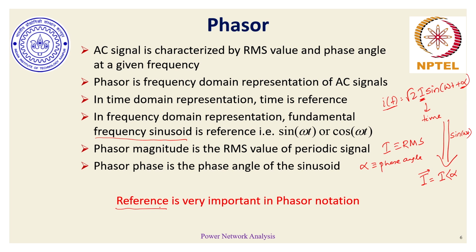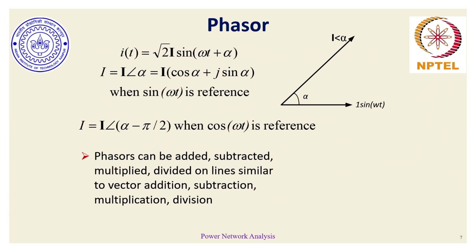Whether we take sine omega t as reference or cos omega t as reference, this phasor form is going to change. This is indicated in this particular slide. If we have i of t defined as root 2 I sine omega t plus alpha, and we choose sine omega t as reference, then alpha is the phase angle with respect to sine omega t, and they are the same in both the time domain representations.